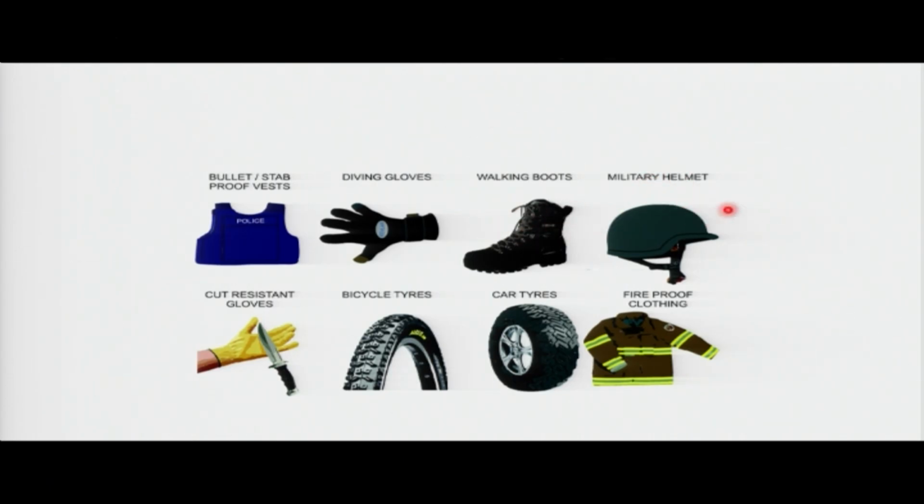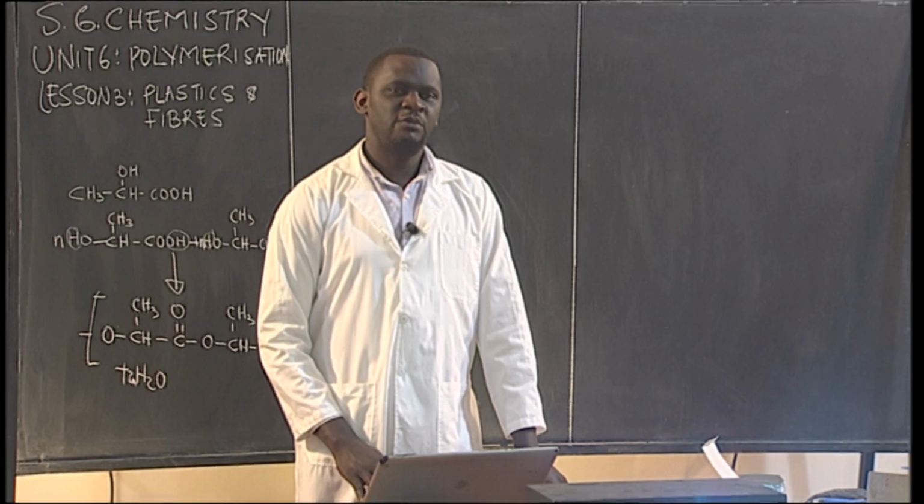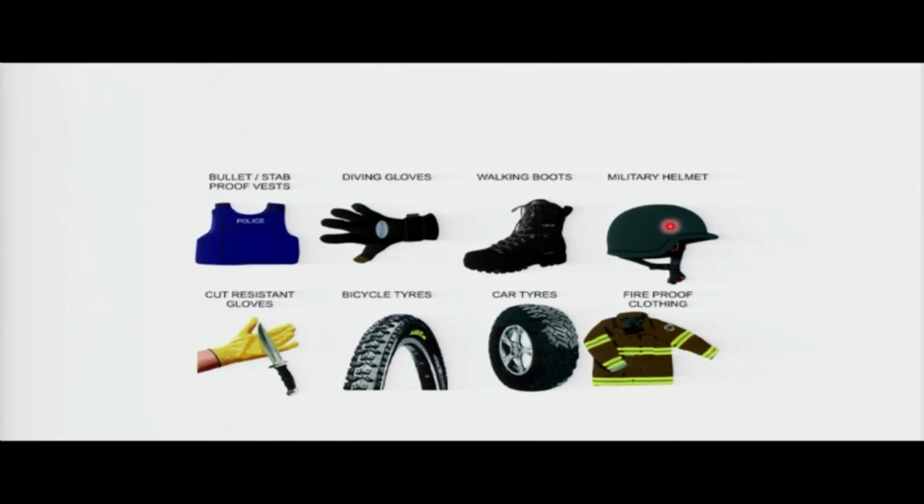Then military helmets, which are normally bulletproof. So they can protect the military people or the policemen or the soldiers, especially from, for example, gunshots.